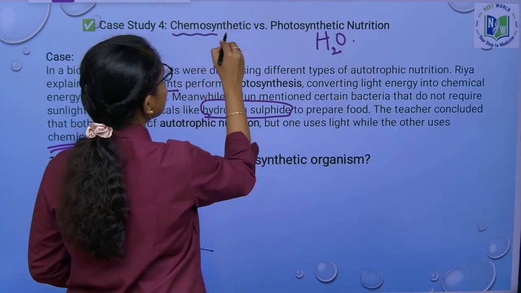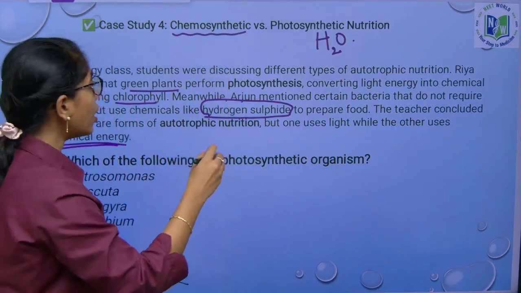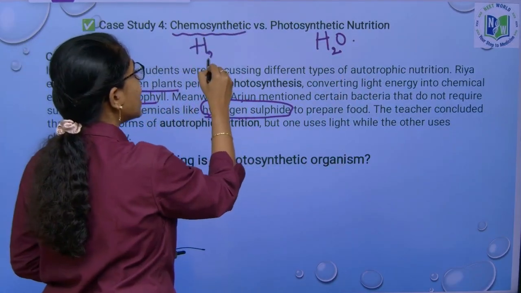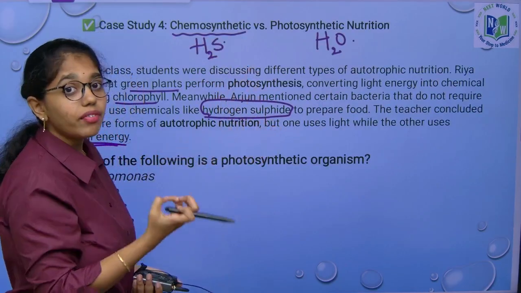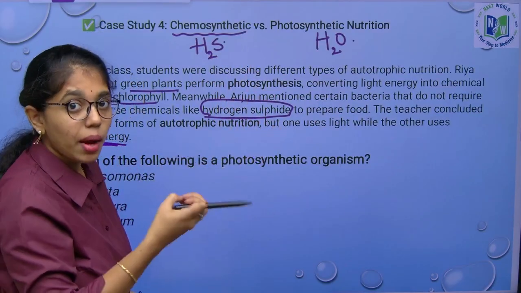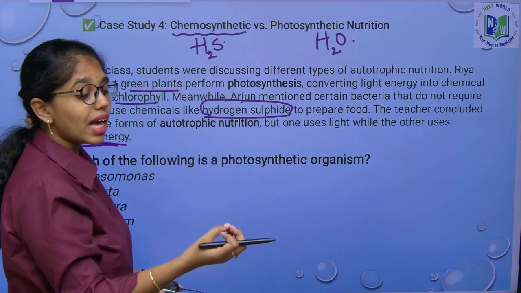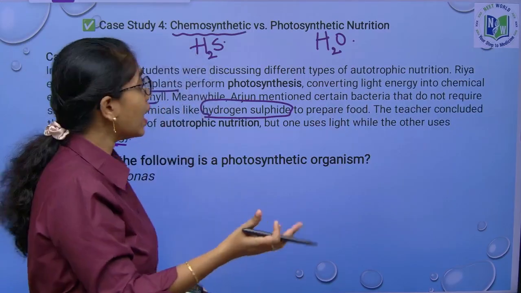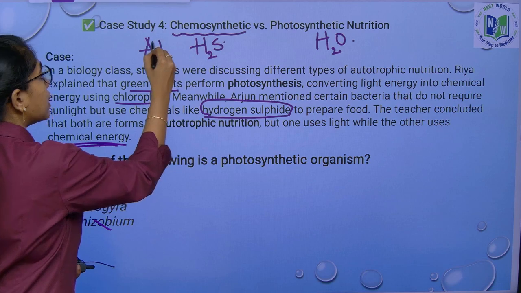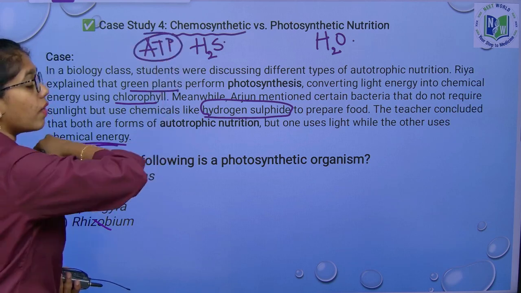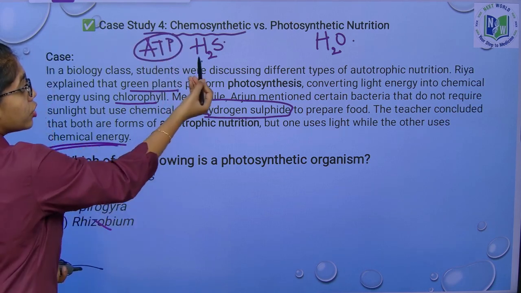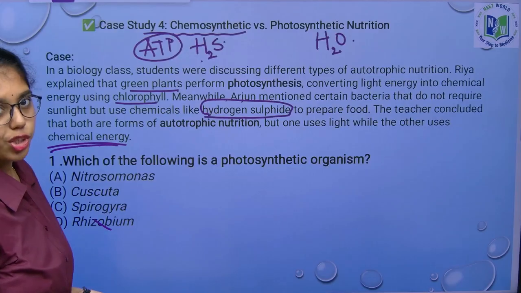For chemosynthetic nutrition, the electron donor will be H2S, and they derive energy not from sunlight but from chemical energy. By the oxidation of food molecules, chemical energy is released like ATP. This energy they utilize for nutrition, and the electron donor here will be H2S.